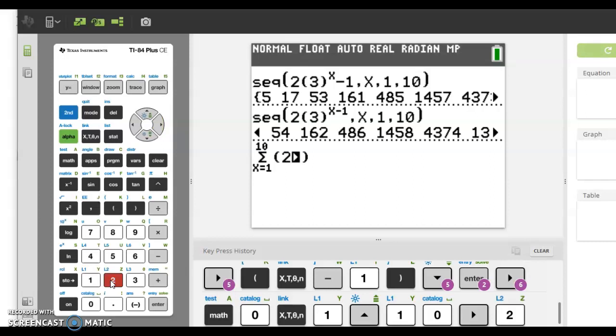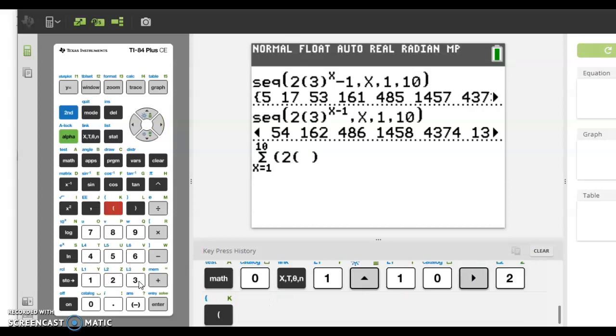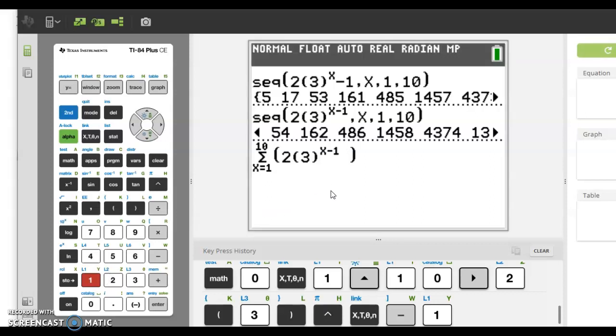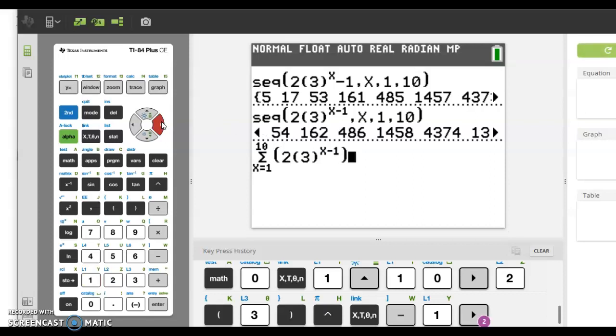Okay, so let's say we're doing the same thing. 2 parentheses 3 parentheses to the x minus 1. Notice how nicely it goes there. We don't have to worry about putting the parentheses like we did for the sequence. But the exponent has got to go inside that parentheses. You cannot use this parentheses and put the exponent on the outside of it. So there's how you do that on the calculator.